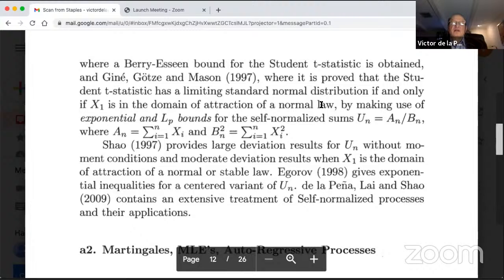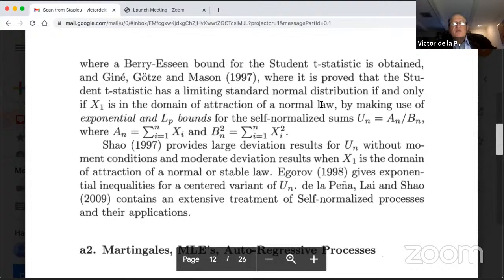Now, for those of you who know large deviations, there's a very important paper of Shao in 1997. Large deviations typically assume that you have a bound on the moment generating function, expected e to the tX, for your random variables.